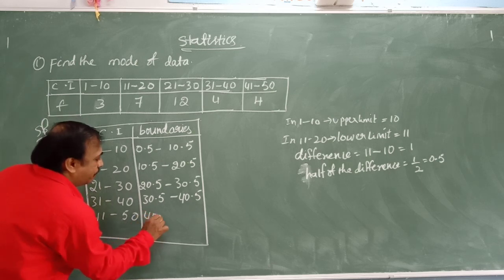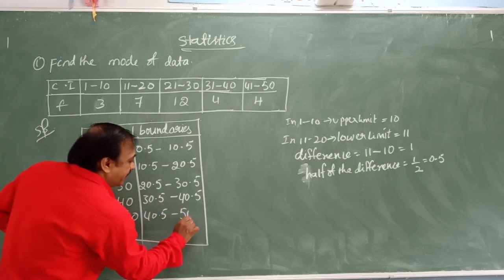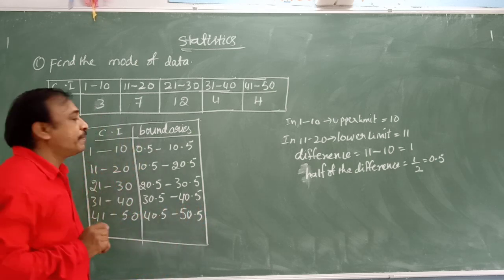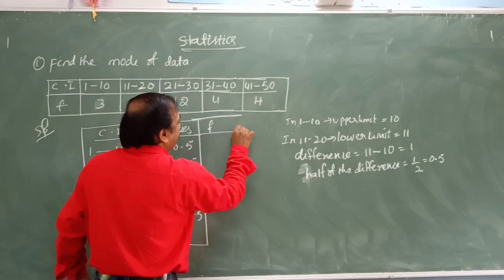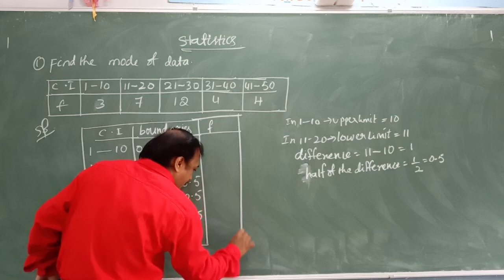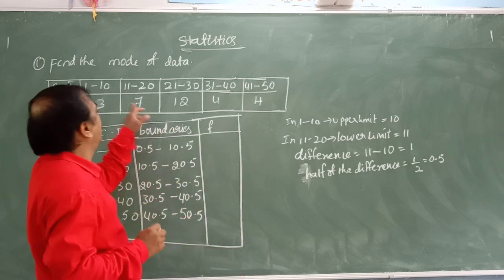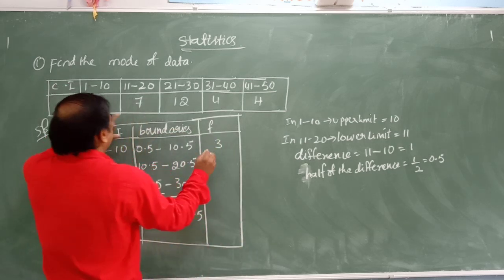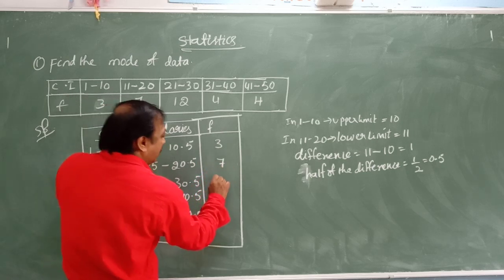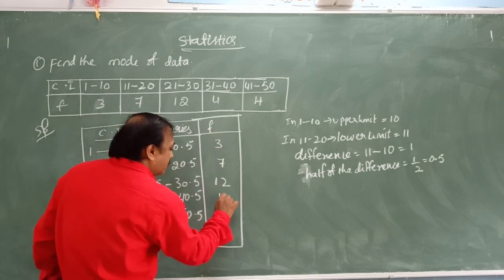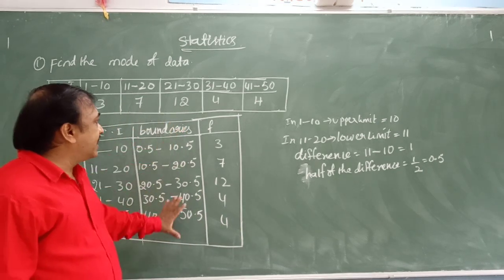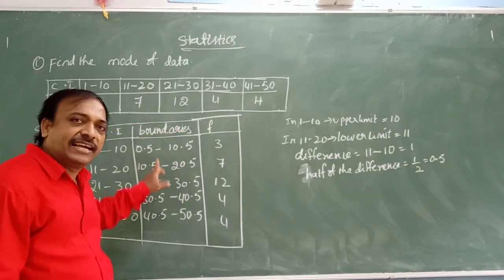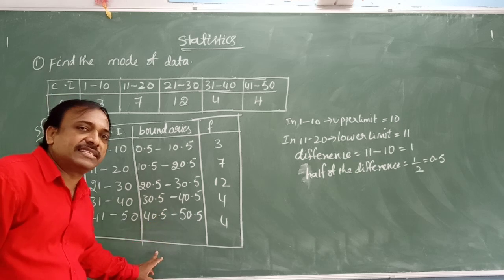Next 40.5 to 50.5. These are the boundaries. Now frequency. What is the given frequency? Here 3, 7, 12, 4 and 4. Now we converted discontinuous data into continuous class intervals.